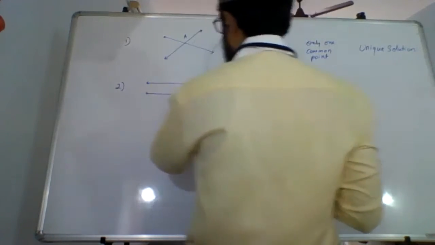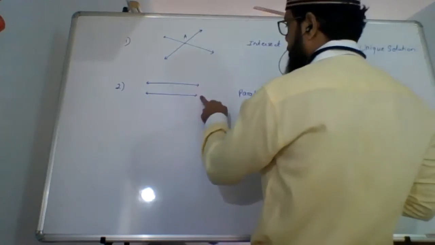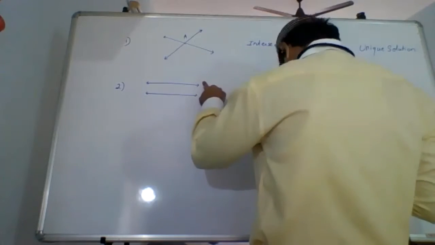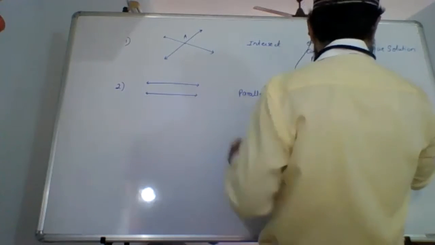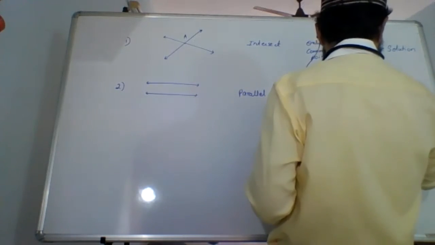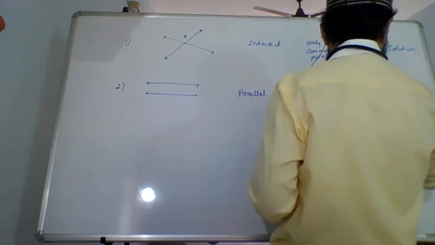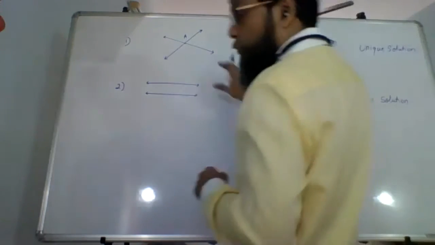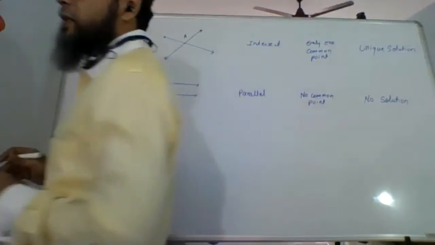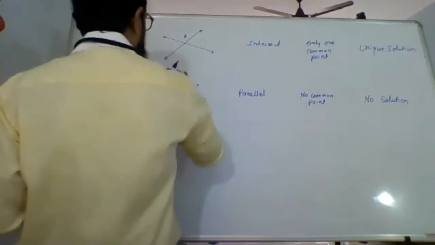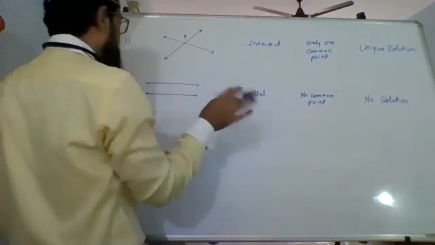So whatever is on line 1 will not be on line 2. What point is on line 2 will not be there on line 1. So there will be no common point. That means there will be no solution. For individual lines, there will be multiple solutions. But for both of them simultaneously, no solution.